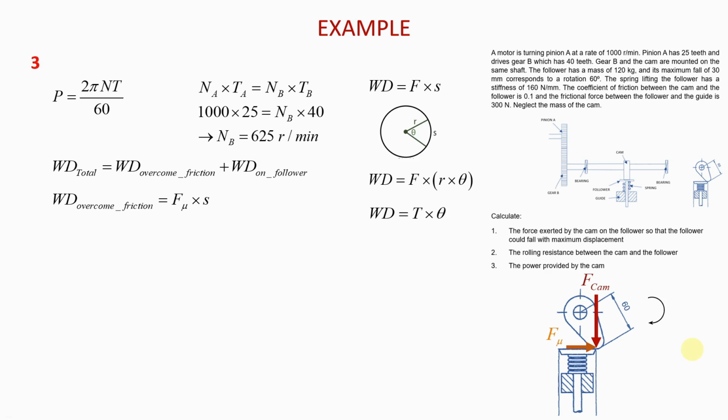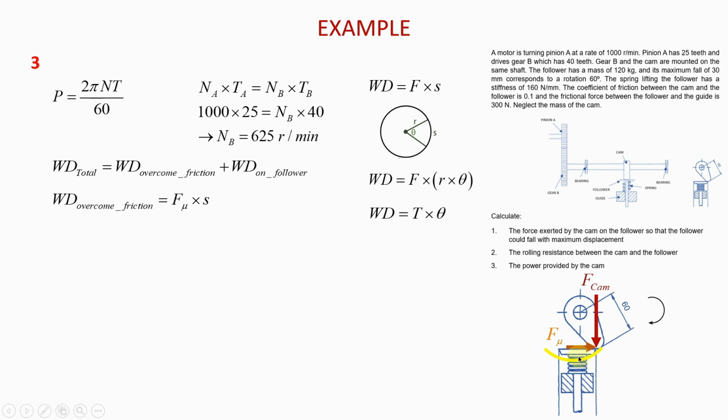But what I want to show you is that this friction force is not acting on a straight line, but rather on an arc, because if this cam is rotating clockwise, it will describe an arc like that. And as it describes this arc, the friction force at different instants will be acting at different places on this arc.